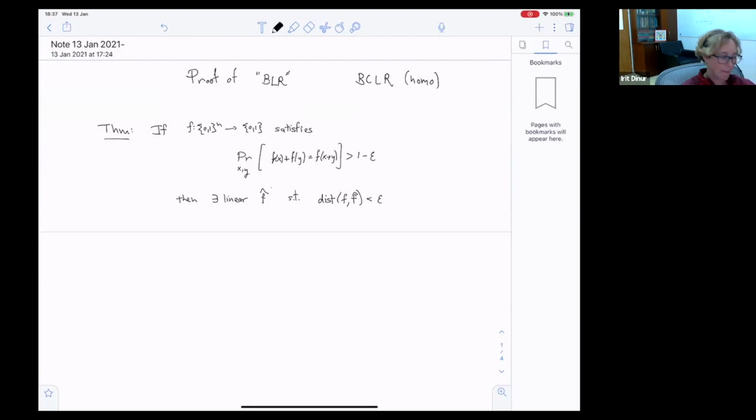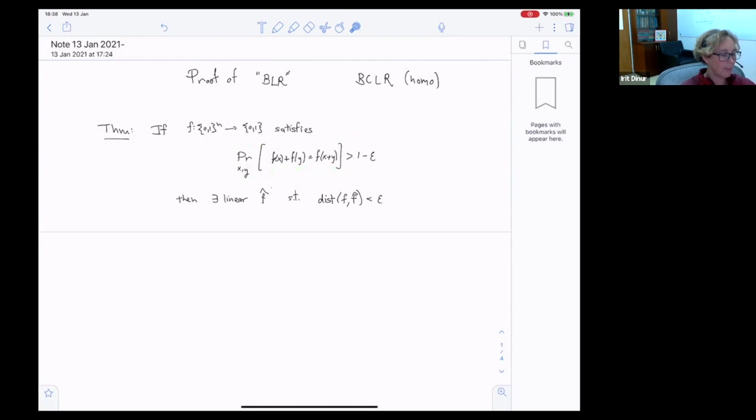So what is the theorem? I have a function f given to me as a truth table, so I have 2^n different values. And I know that the tester succeeds with probability 1 minus epsilon, meaning that for a random triple x, y, x plus y, usually the function satisfies this equation. What is my goal?